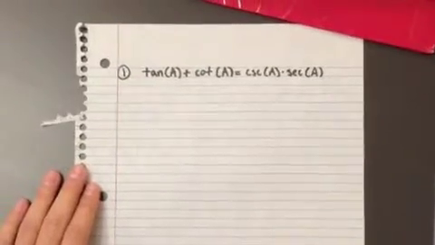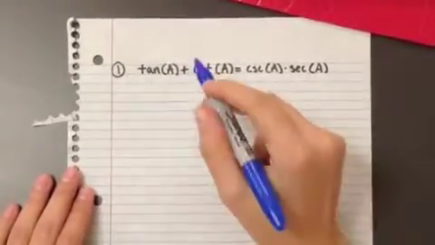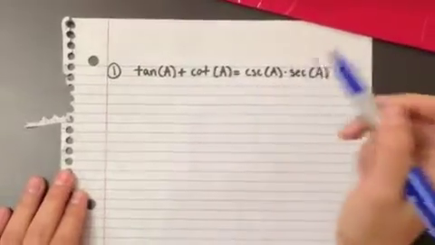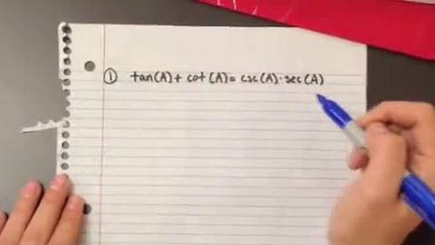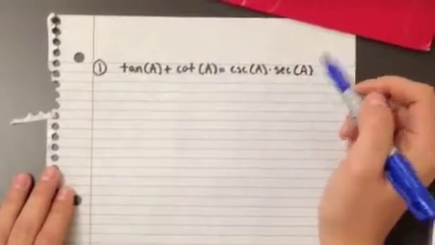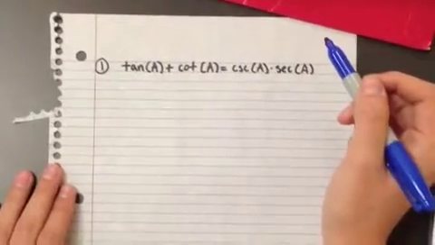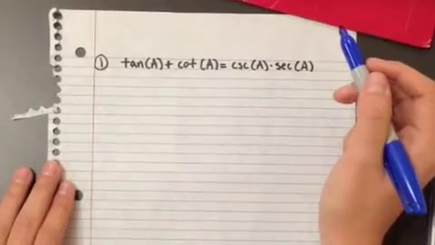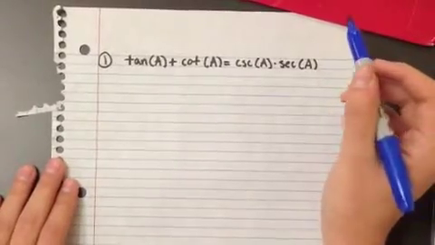The first example of proving trig identities is tangent of A plus cotangent of A is equal to cosecant of A times secant of A. In order to prove this identity, you should choose one side to work on, generally the more complicated side, but in this case it does not matter which side you choose. Let's pick a side.